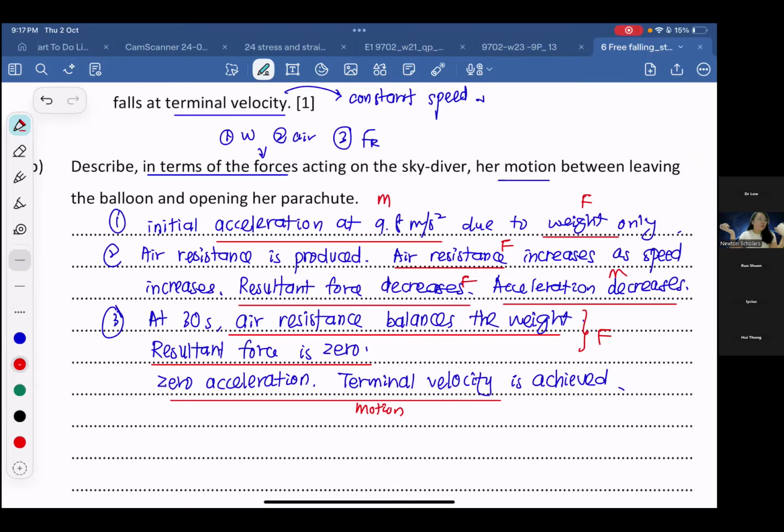Okay, if you finish this part, let me know. Okay, Megan says yes. How about others? Megan already completed. How about others?